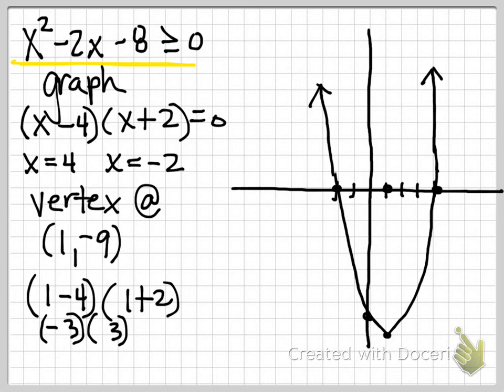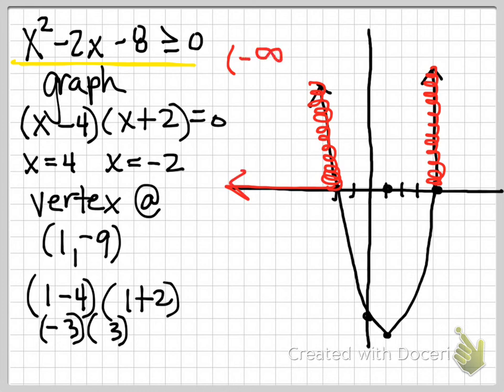Look at this. This is the part that's greater than 0. So how you answer the question is you write the x values where it's greater than or equal to 0.